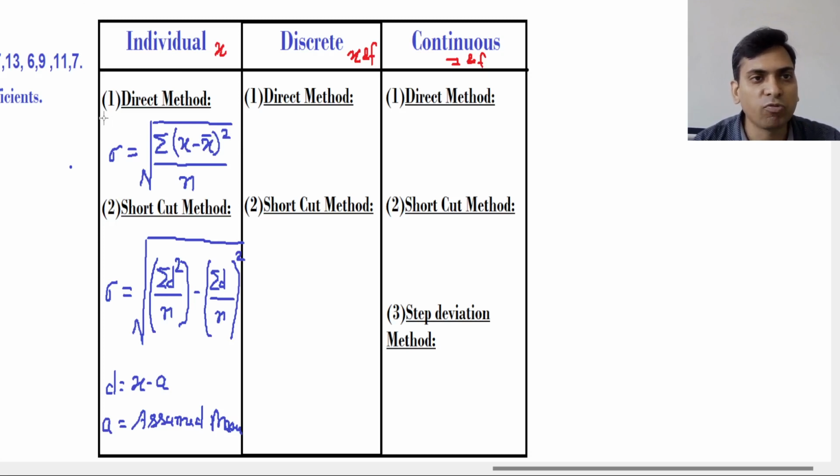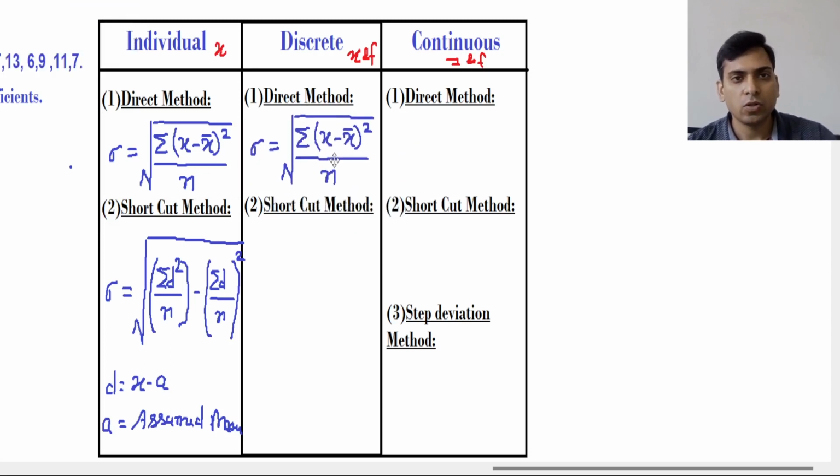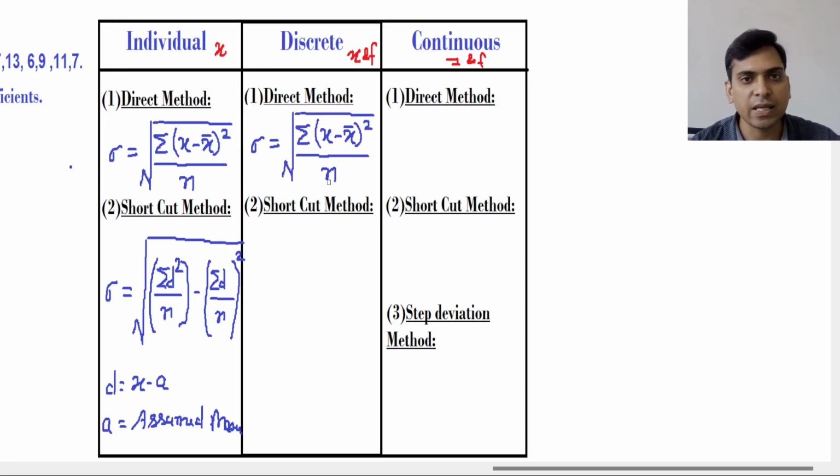I am copying this formula and we will make some changes. We replace this n by summation f, and this quantity is multiplied by f.